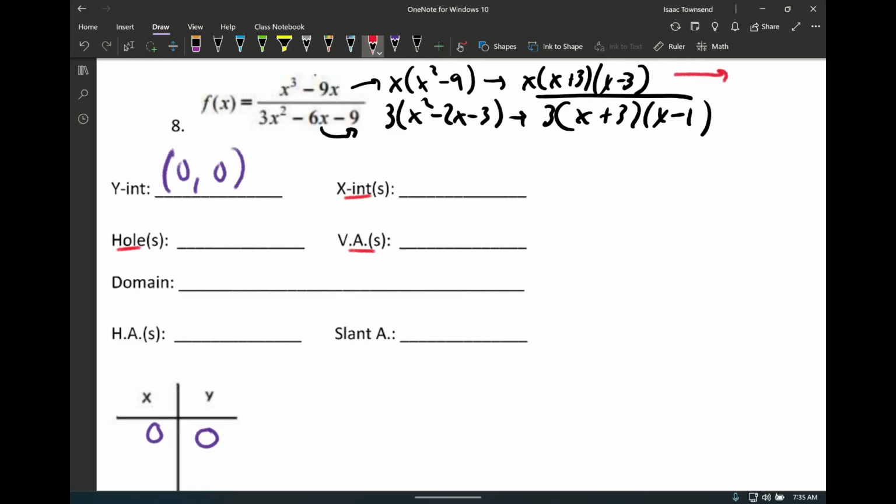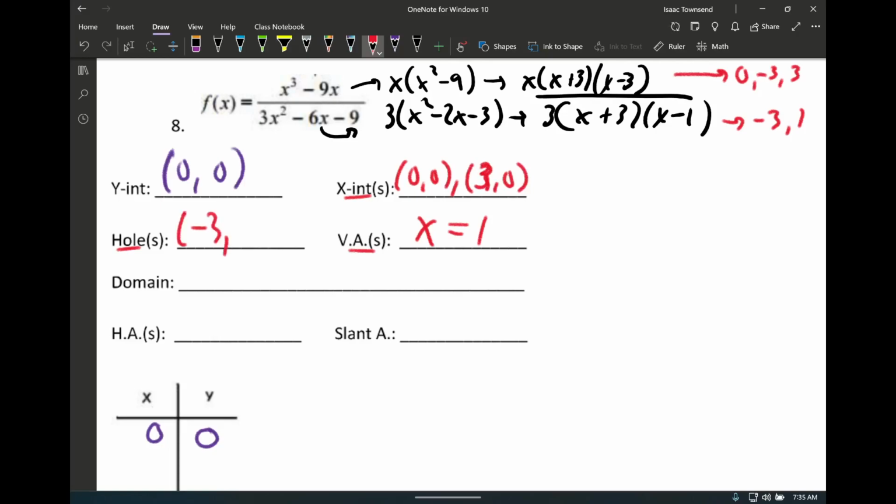And all of that is for me to quickly see that 0, -3, and +3 make the numerator 0, and -3 and +1 make the denominator 0. I need this information for these 3 parts. 1 makes only the denominator 0. 0 and 3 make only the numerator 0.